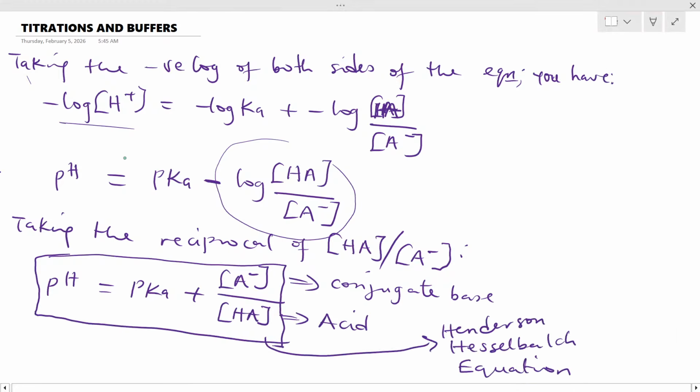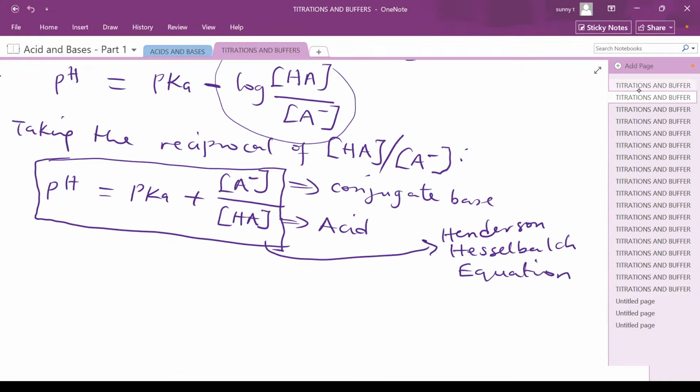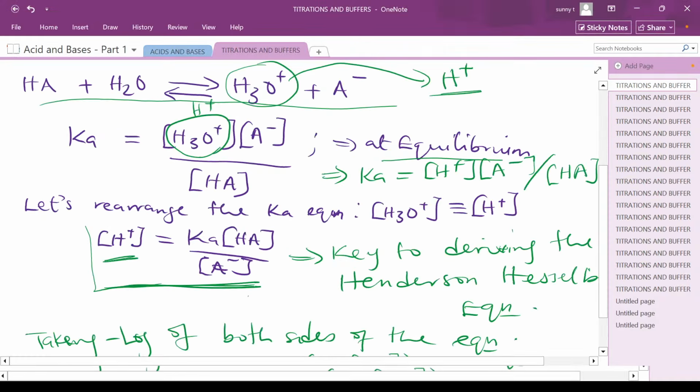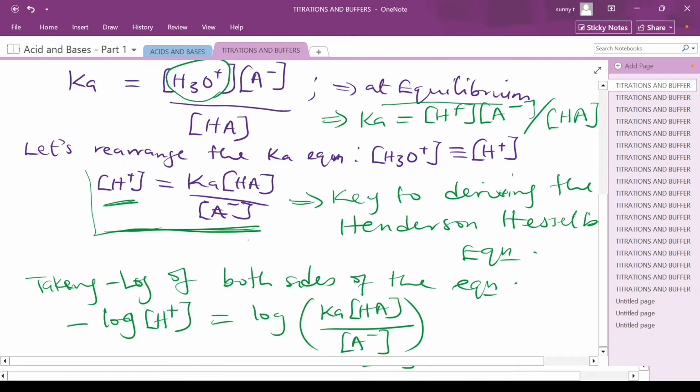So when you do that expansion, applying the laws of logarithm, what you have is minus log H plus, which is your negative log, minus log Ka. That means you have simply expanded what you have right here. So this should be minus log.